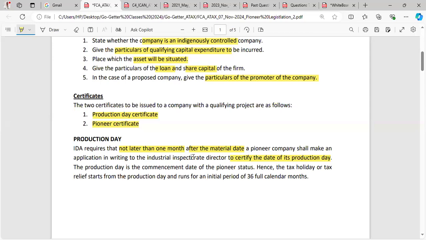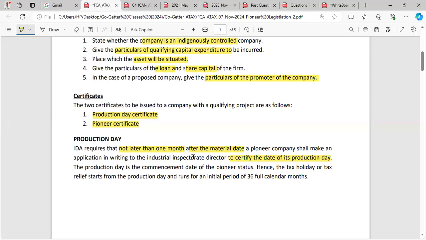So proposed date is the date you wish to start. Material date is the date you actually did commence production of your commercial quantities of these pioneer products.